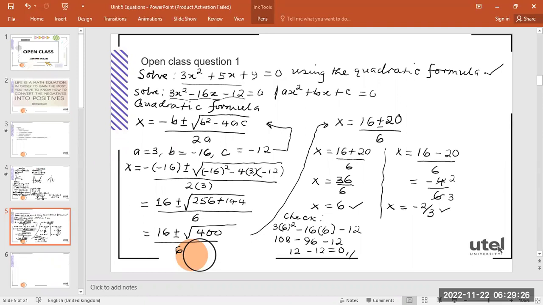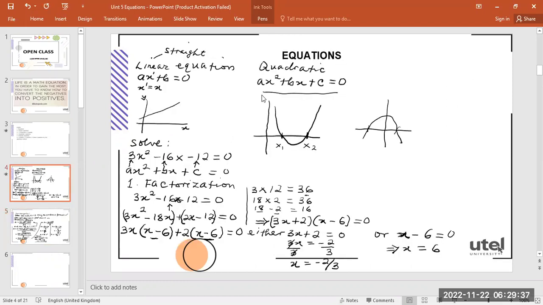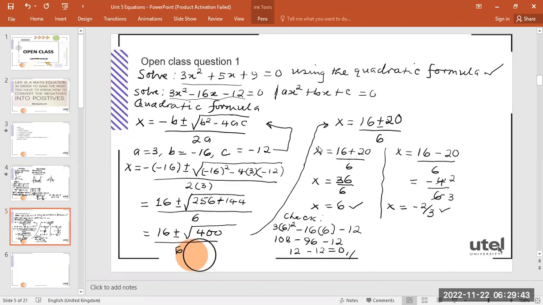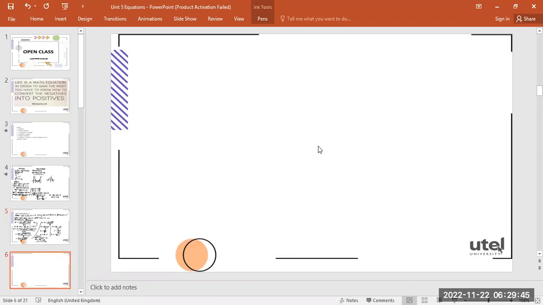You can plot the graph of this quadratic and see where your curve cuts the x-axis. The points where the curve cuts the x-axis, as you can see in this slide, will give you the solutions of the quadratic equation. So can I make progress?